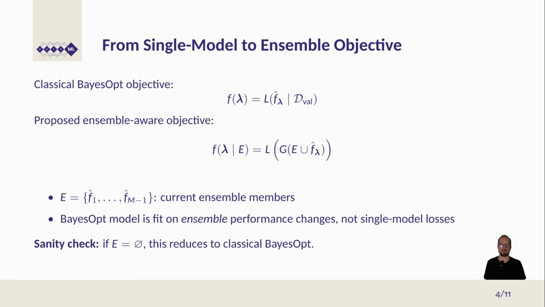We want to minimize the validation loss, while the ensemble-aware objective wants to minimize the generalization loss when adding a model trained with the hyperparameters to the current ensemble. And E are all the current ensemble members. And as a sanity check, we would then like to figure out whether the empty ensemble actually falls back to Bayesian optimization.